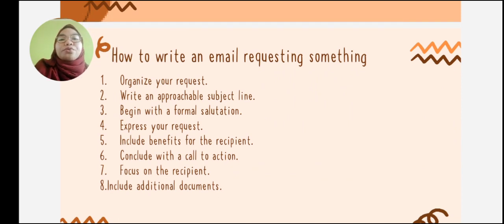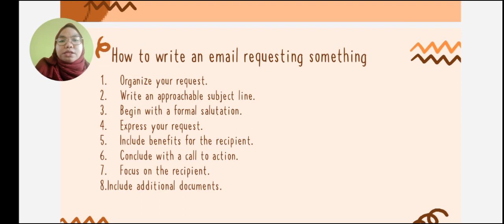Next is how to write an email requesting something. Number 1 is organize your request. Number 2 is write an approachable subject line. Number 3 is begin with a formal salutation. Number 4 is express your request.